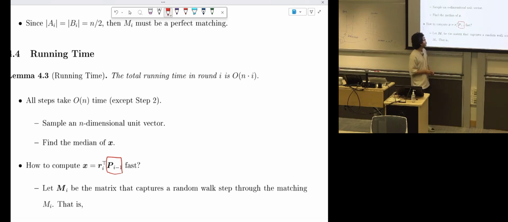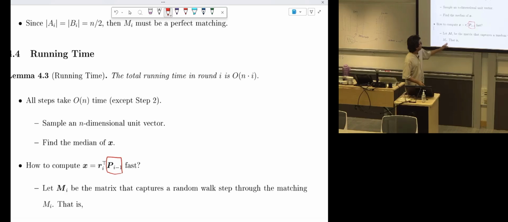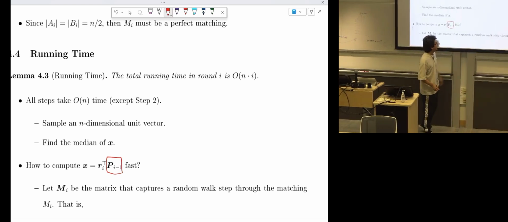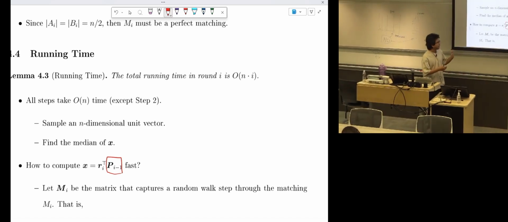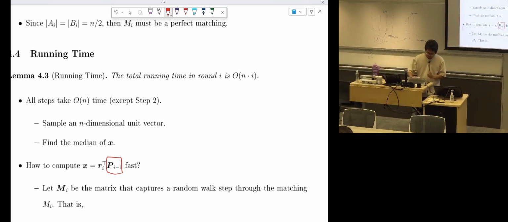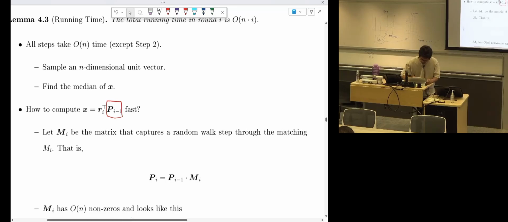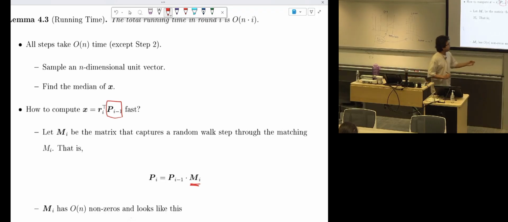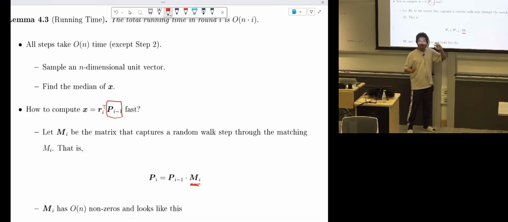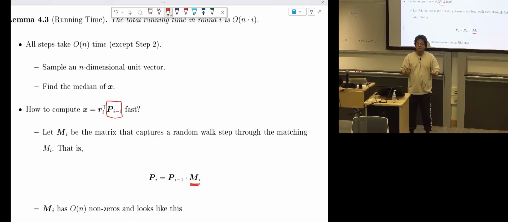So why is that? Suppose I denote bold M_i to be the matrix that captures this random walk step through the matching M_i. What I mean is that it's some matrix such that when you multiply it by pi_{i-1}, you get pi_i. So it captures basically how you move points after you get the new matching.